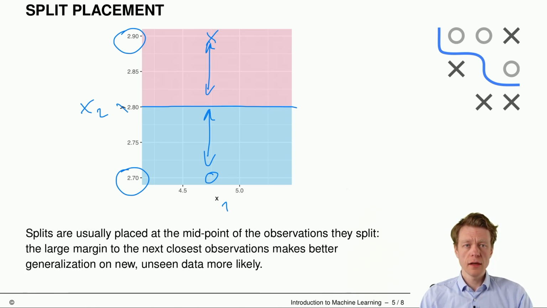And this is of course something that we always want to achieve. So we don't only want to split the training data perfectly or as good as we can, but we want to achieve a good generalization of predictive performance on new unseen data. And we kind of hope that if we place the split between the two observations, that this achieves our goal.